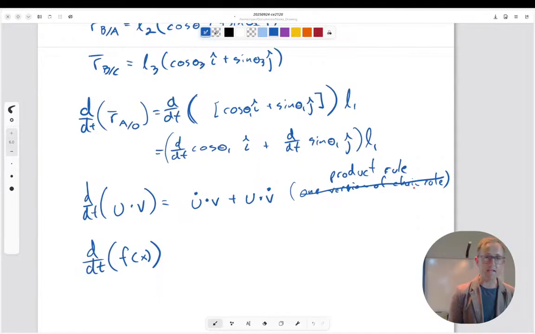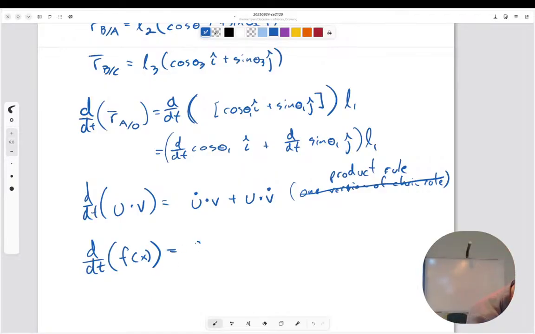And that's what we're dealing with here, because theta is a function of time. Theta is changing over time, so there's got to be something that relates theta to time. So I can't say the derivative with respect to time of sine theta is negative cosine theta. I also need to take the derivative of that.